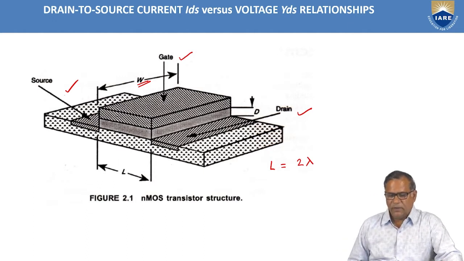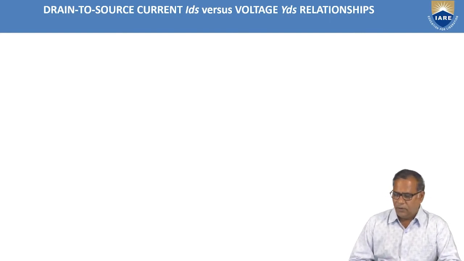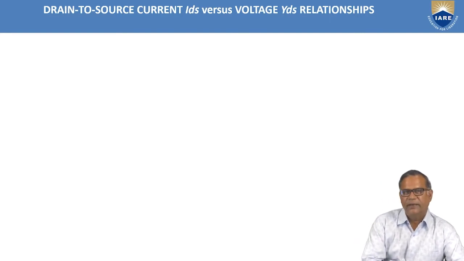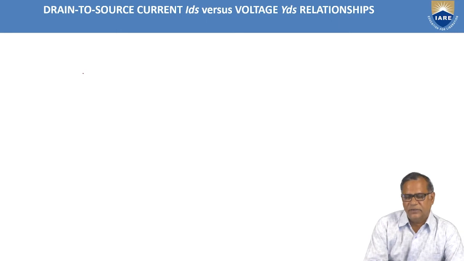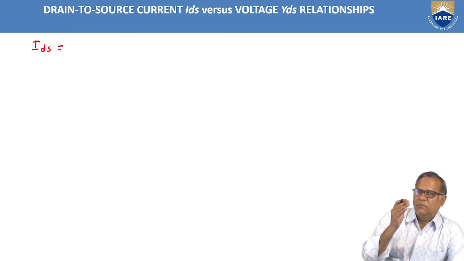Now let us see how to derive the equation for IDS. Now what is IDS? We can say IDS is nothing but the current between drain and source. The flow of charge carriers is from source to the drain.